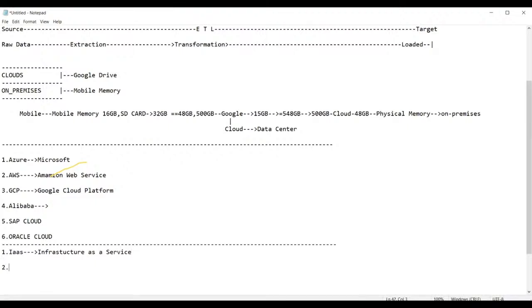Then you have PaaS. PaaS stands for Platform as a Service. The third one is SaaS. SaaS stands for Software as a Service.